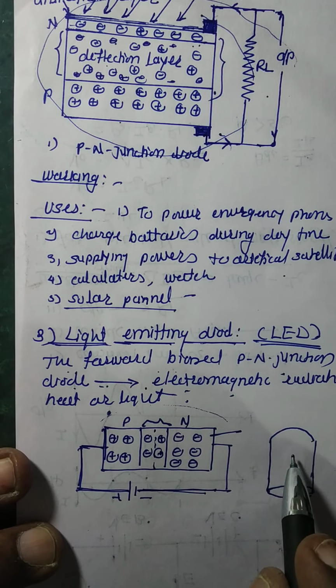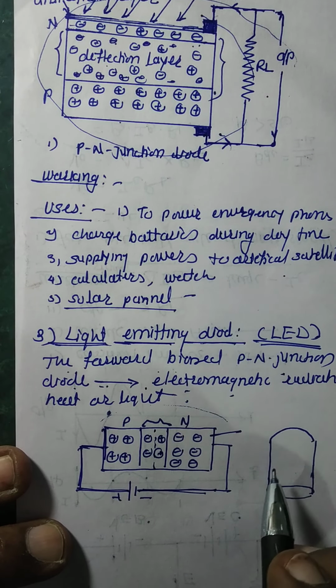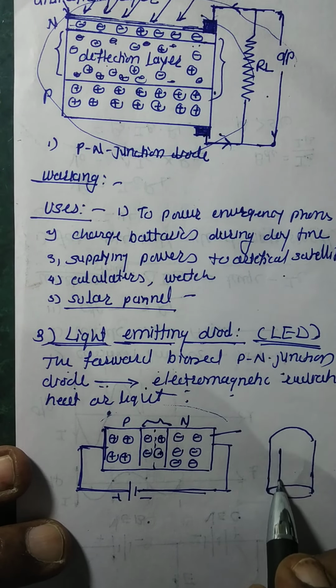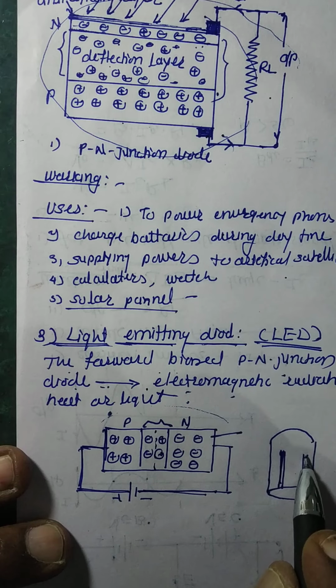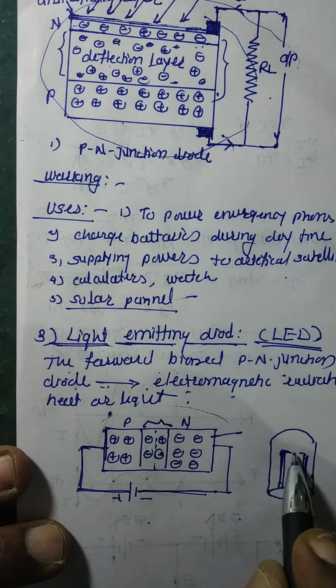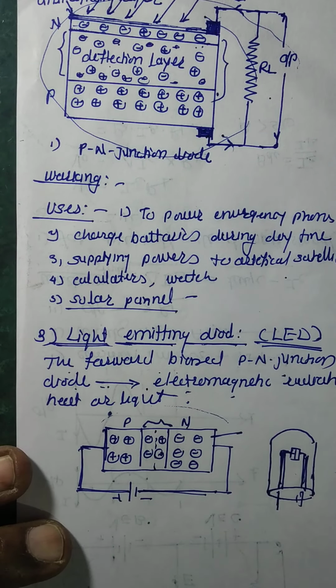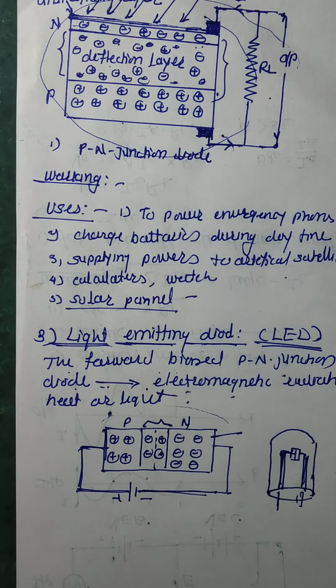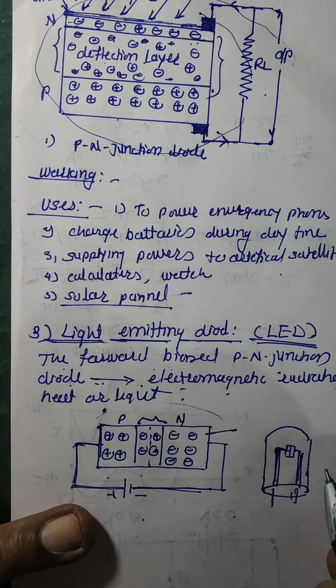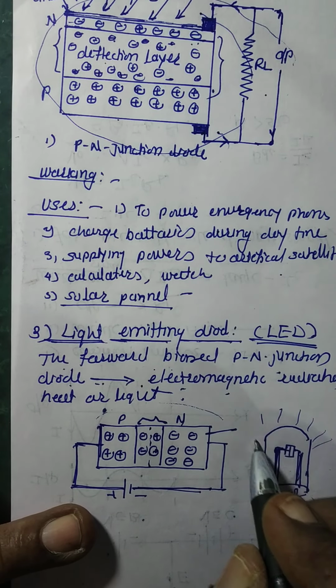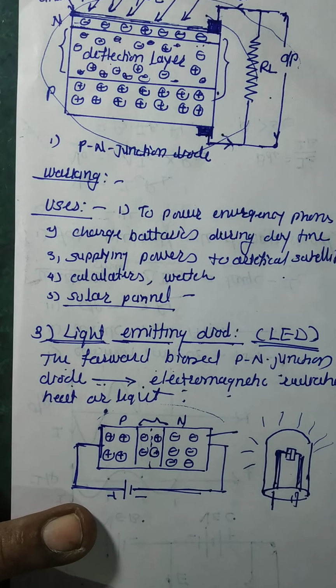In this case, this PN junction diode is enclosed in a dome shaped transparent case so that light is emitted in all possible directions and internal reflections are minimized.